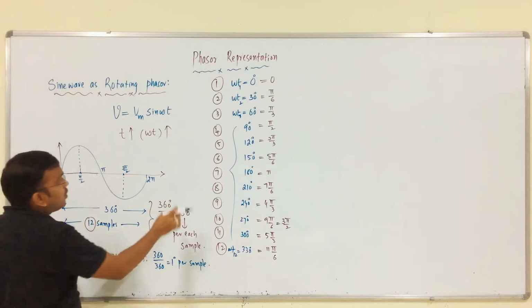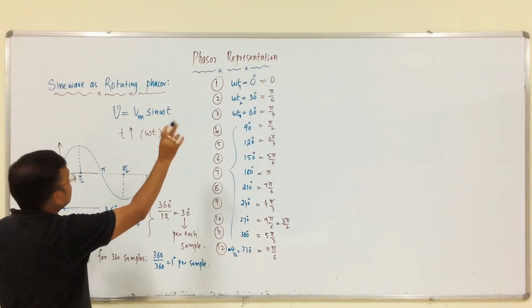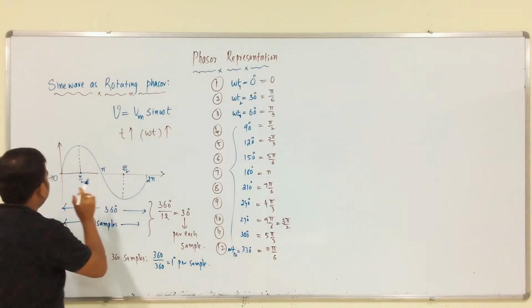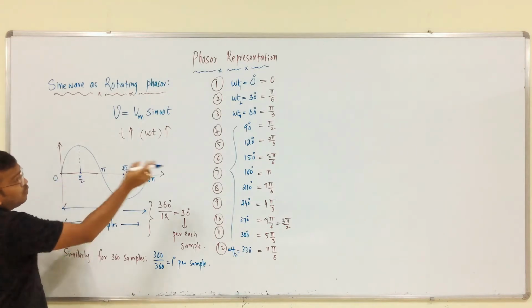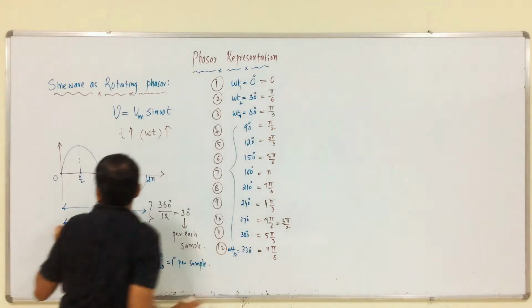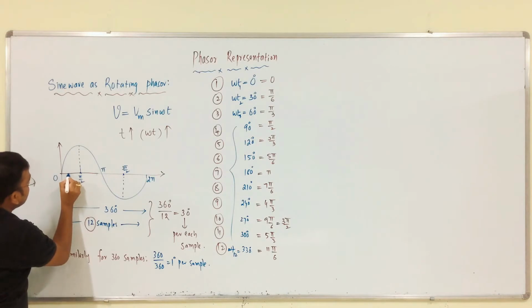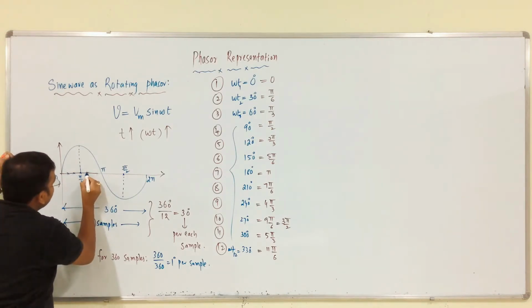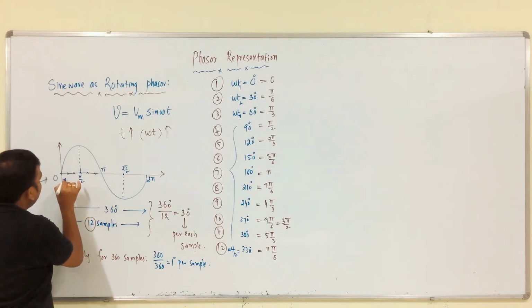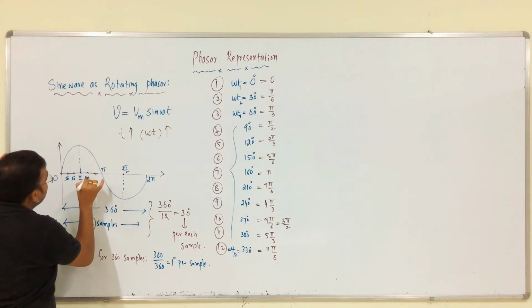Therefore, the first instant is 0, the second one is pi by 6. Between 0 and 90 we have two samples, 30 and 60. Then 120, 150.